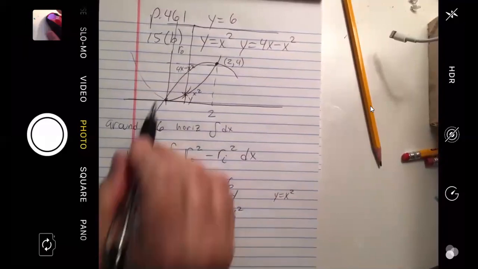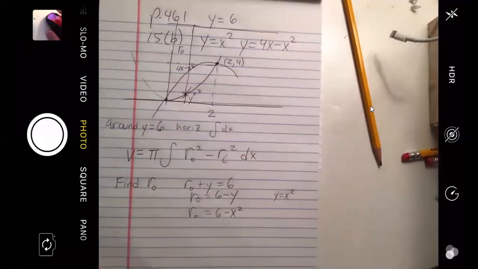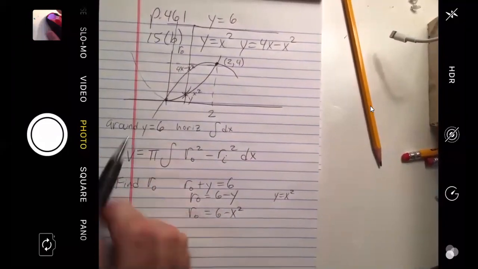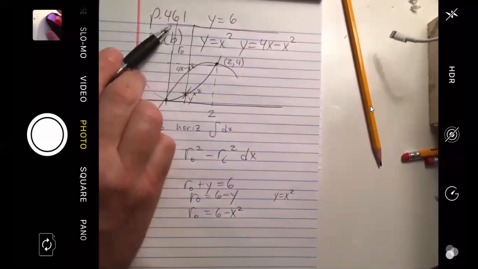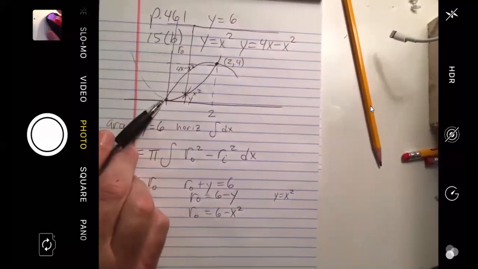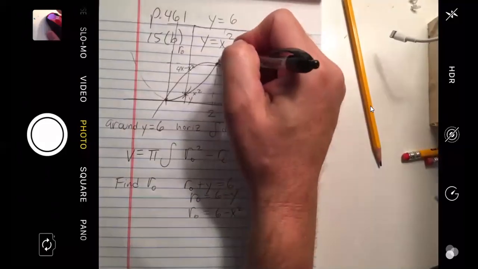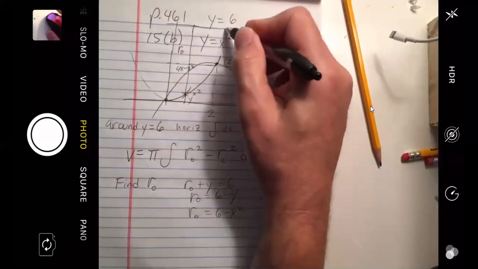I could check it at the extremes, if that helps. X is 0 here, and you can see it'd be all 6. So 6 minus 0 is 6. Then over here, x is 2. You can see the outer radius here is just 2. You're totally 6.